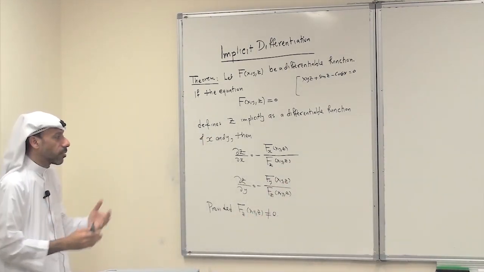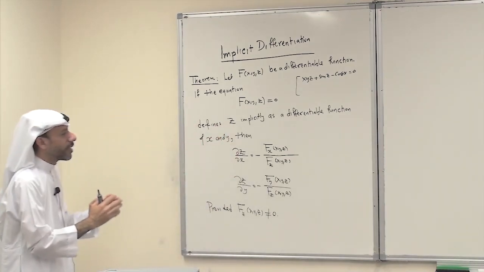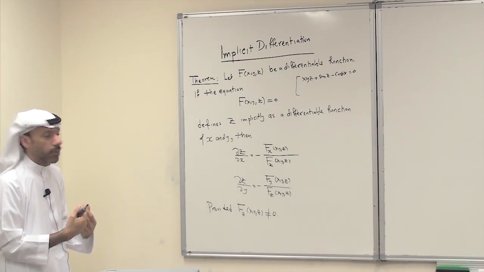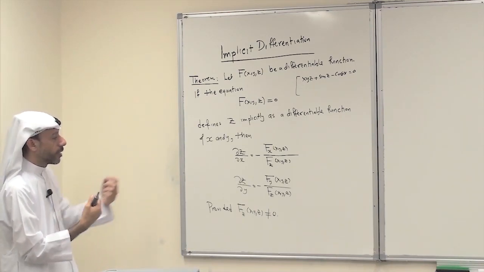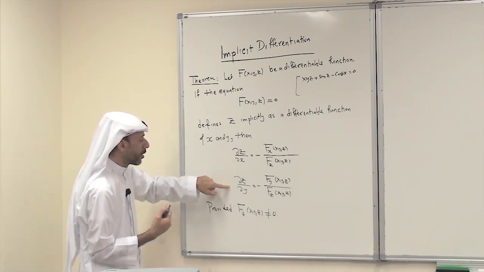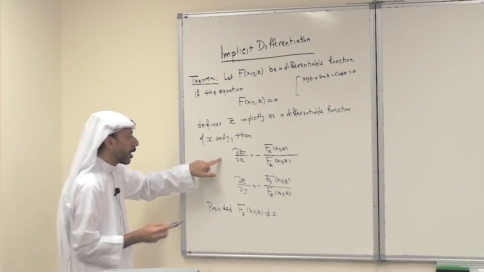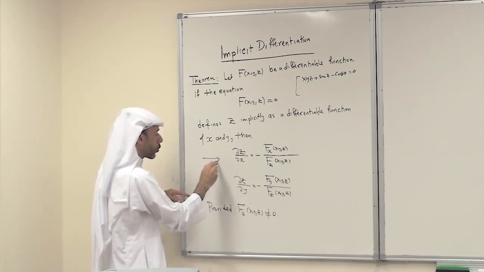How to prove this? In fact, this is an application of the chain rule. So let's see how to find at least partial z, partial x, and the other derivative is similar. To prove the first part, we proceed as follows.